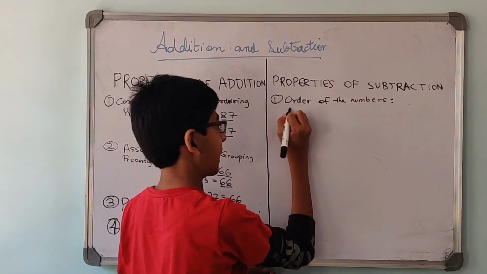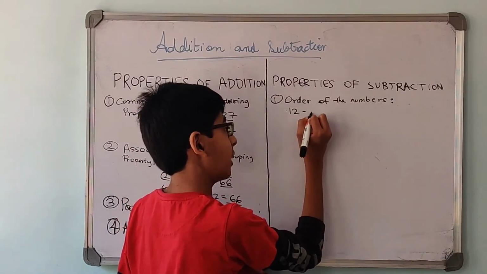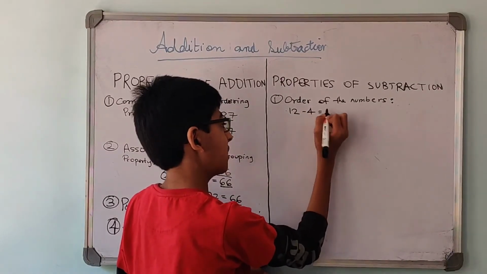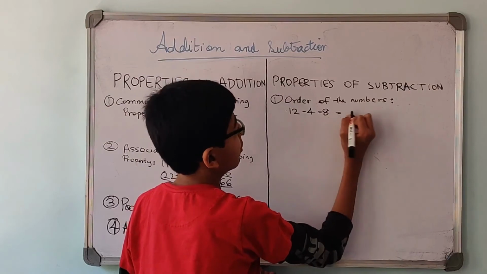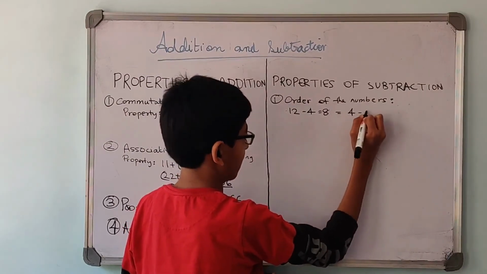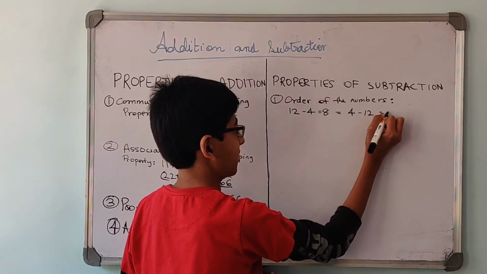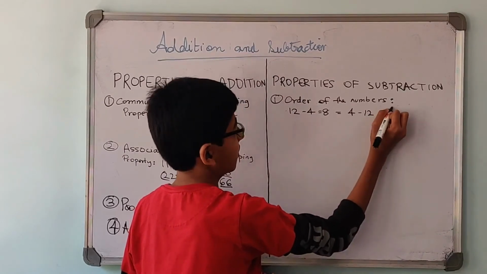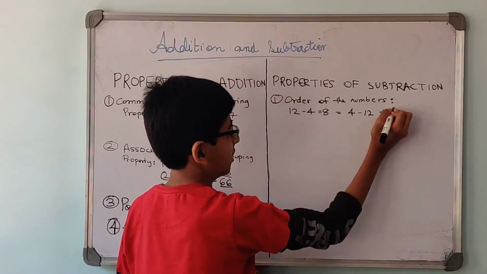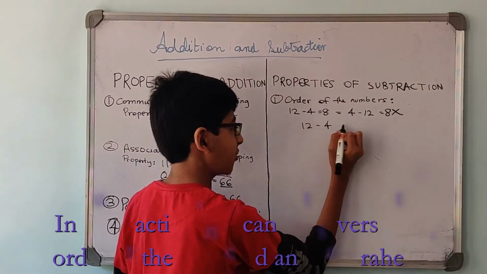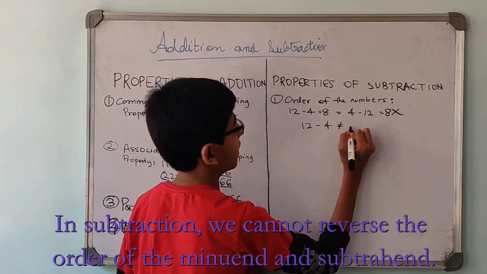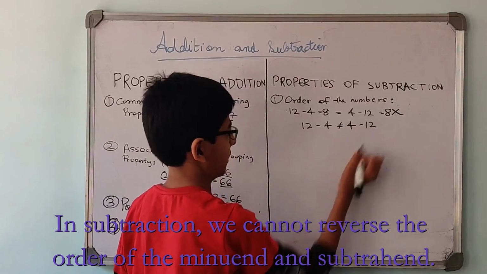Let's take an example. 12 minus 4 is 8. But is 4 minus 12 also 8? No, this is not possible. So this means that 12 minus 4 is not the same as 4 minus 12.